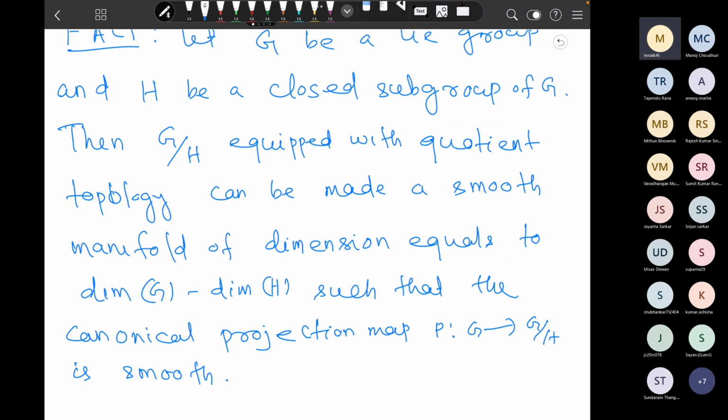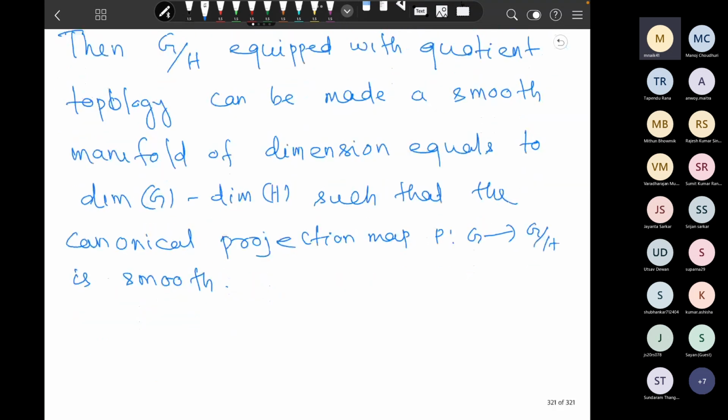Look at this setup in the continuous case: if G by H is equipped with the quotient topology, the space of continuous functions on G by H to some other topological space can be identified with right H-invariant continuous functions on G. So this also holds true in this case.